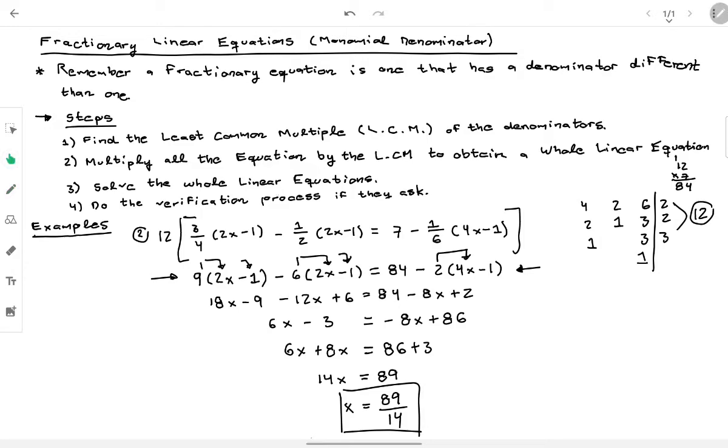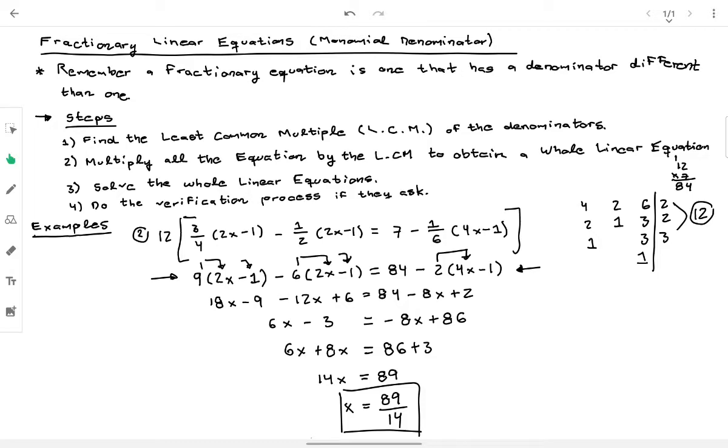So the steps are simple: finding the least common multiple of the denominators, multiplying all the equation by the least common multiple, and after that, doing a whole linear equation exercise for isolating the x and getting the value of the unknown letter. That will be the process.